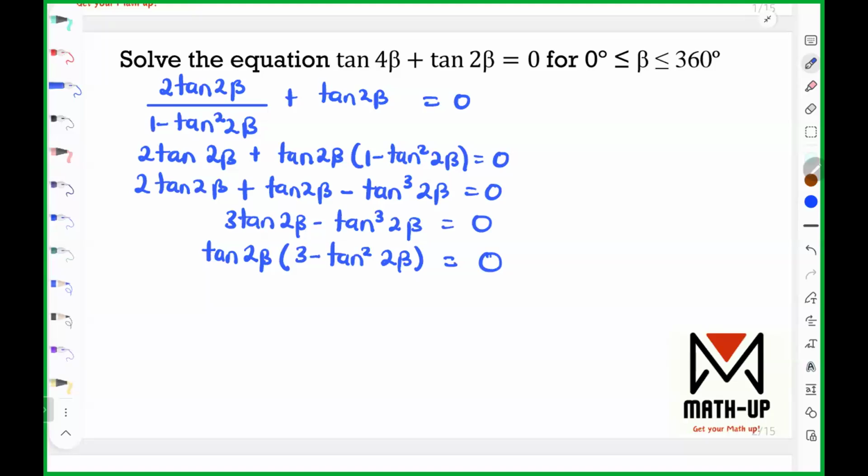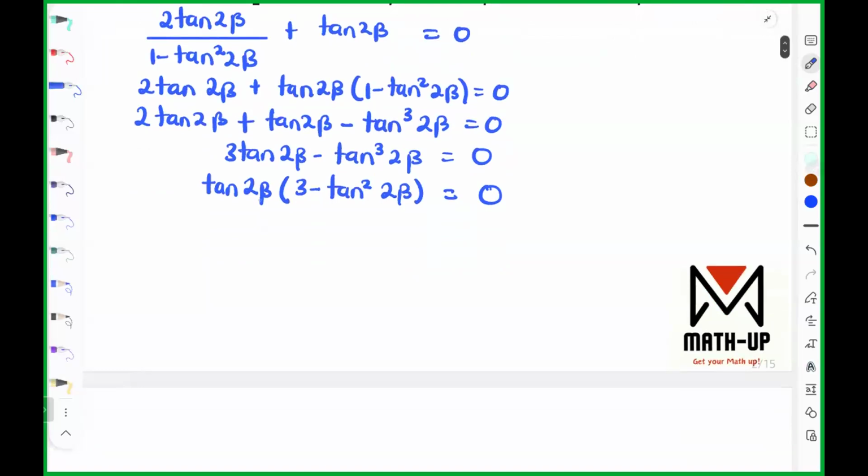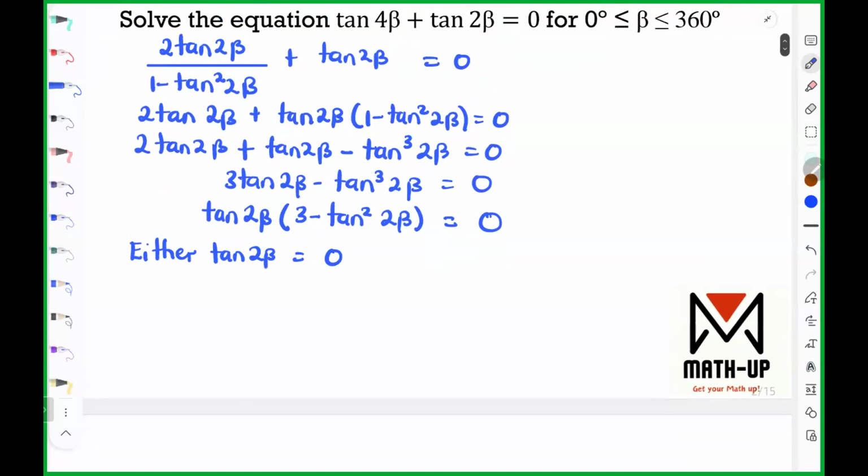So at that step I can apply the zero property because we're multiplying 2 terms and getting 0 as our product. So we can have either tan 2 beta being equal to 0 or 3 minus tan squared 2 beta being equal to 0.